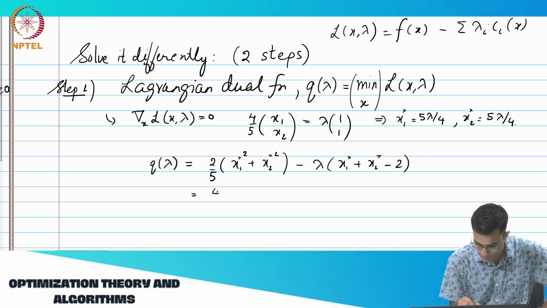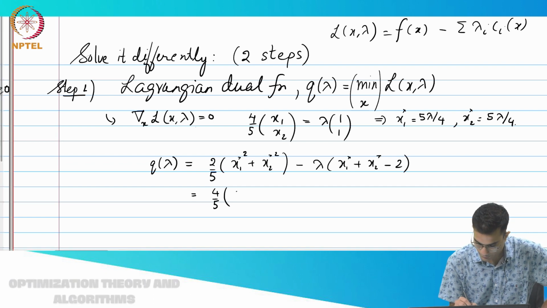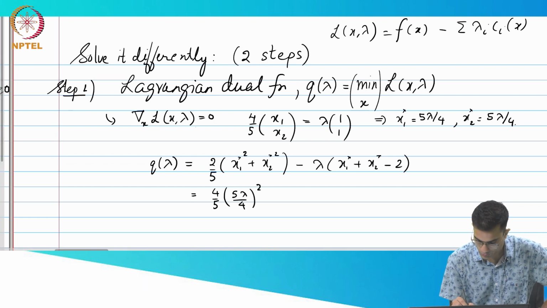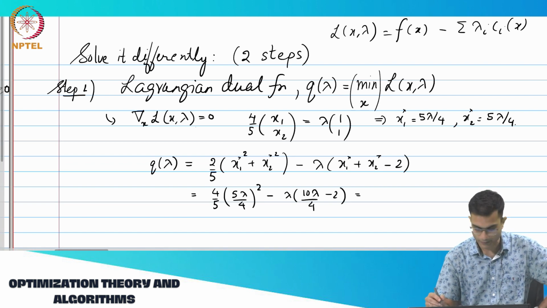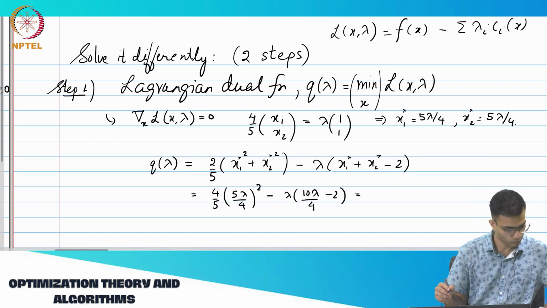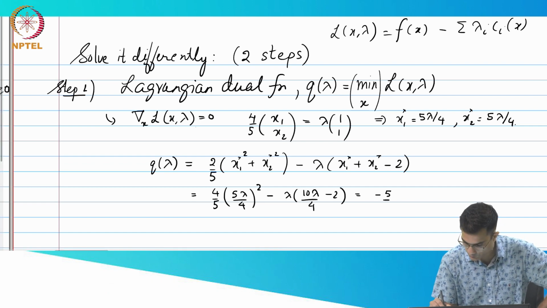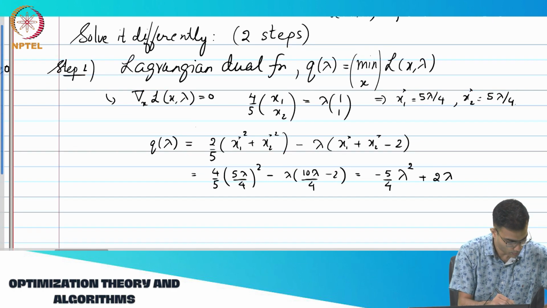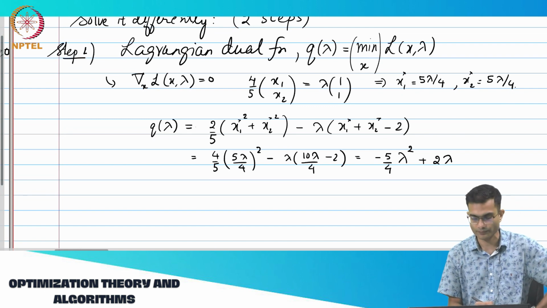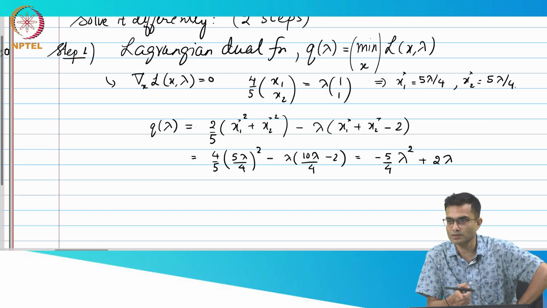So this is going to be 4 by 5, x1 is equal to x2, so that is how I am going to get a 2 and 5 lambda by 4 whole squared, minus lambda times 10 lambda by 4, minus 2, okay, and so there is going to be minus 5 by 4 lambda squared plus 2 lambda, okay. Before we go further, everyone agrees with this or is there a typo somewhere?